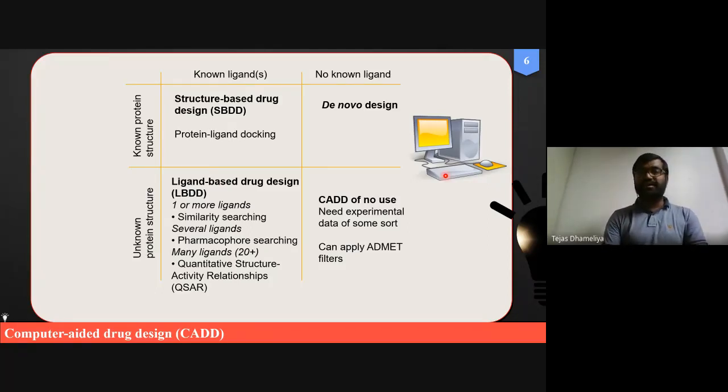Search on Google, the link is already shared with you. CADD is one of the techniques where you can take the help of molecular docking, pharmacophore mapping, or ADMET filters in search of potent compounds.